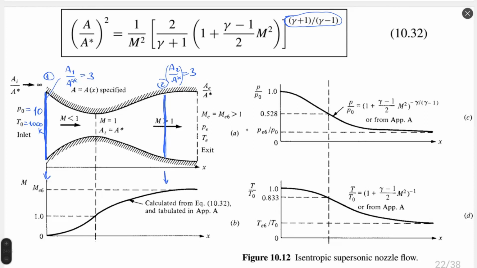At point 0, Mach number is not equal 0, it will be some small value, and I will use isentropic relations, Appendix A. Inside Appendix A, just to remind you, we have Mach number, P0 by P, rho 0 by rho, T0 by T, temperature ratio, and we have A by A asterisk. This is a nozzle relation.